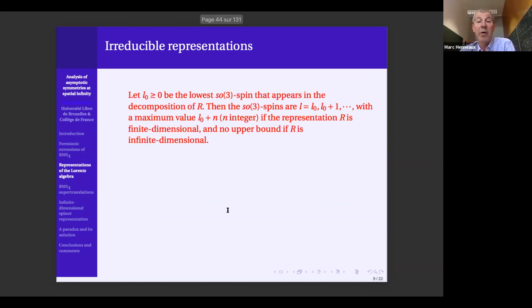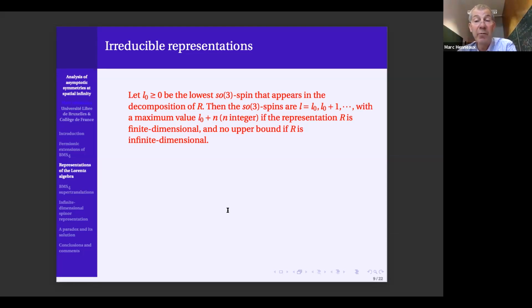And furthermore, you can look at the representation with lowest SO3 spin. These are integers or half integers which are non-negative. So there is one such L0. And you can show that all the SO3 spins that will be present in the irreducible representation differ from that value L0 by integers.